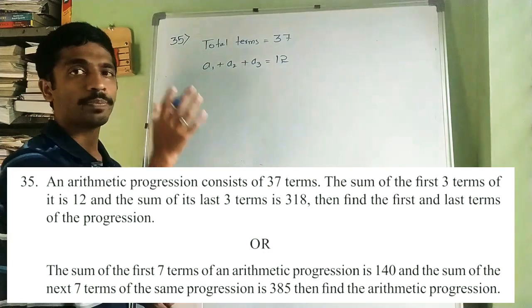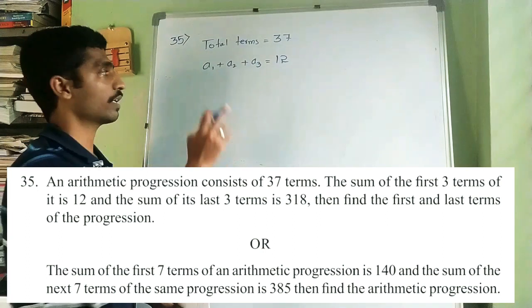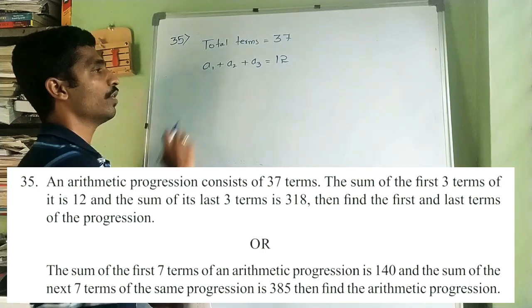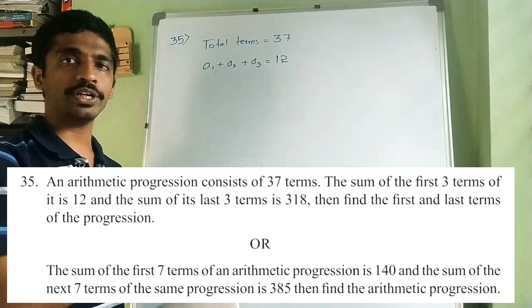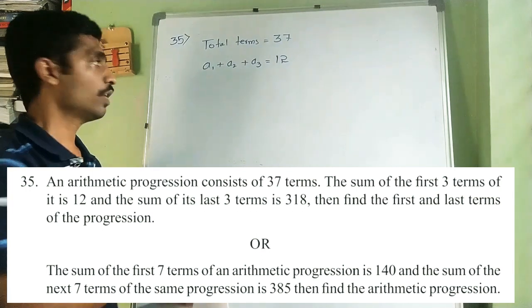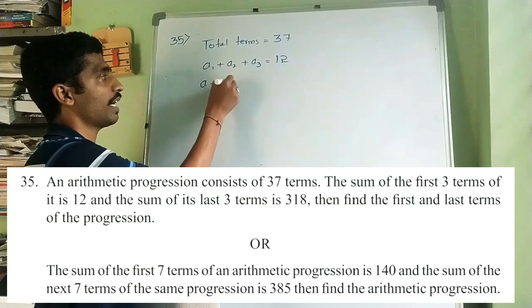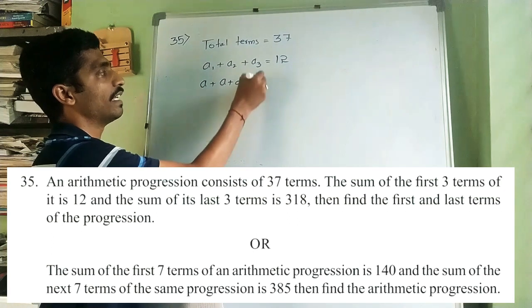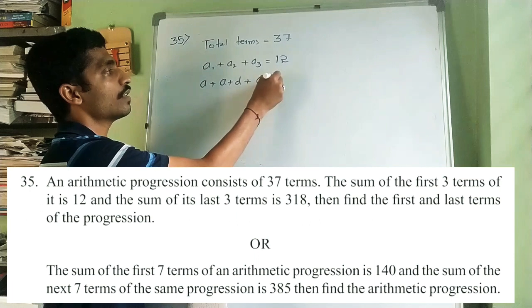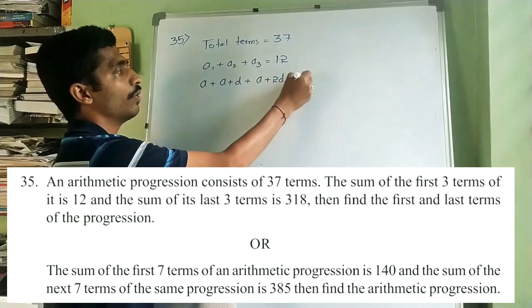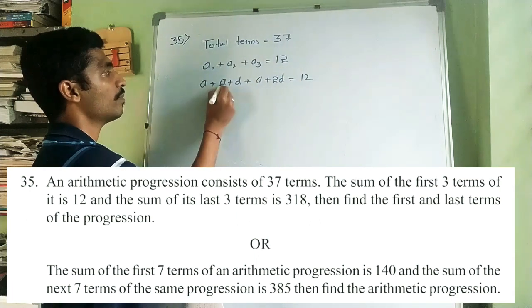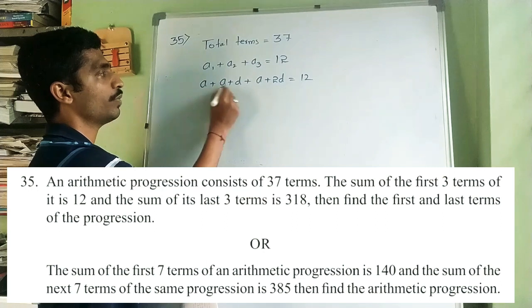Sum of first 3 terms. First 3 terms means what? A1, A2, A3. Okay, now you have to write that A1, A2, A3 in terms of A and D. How? A1 is nothing but A, A2 is nothing but A plus D, A3 is nothing but A plus 2D, equal to 12. So A, 1A, 2A, 3A.